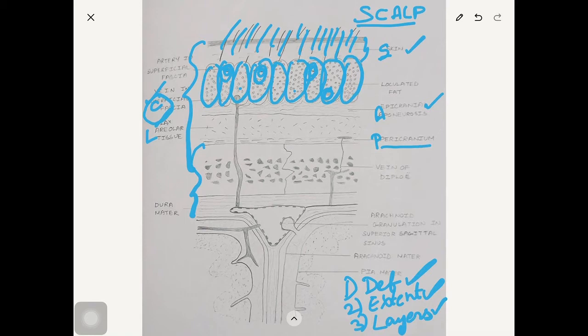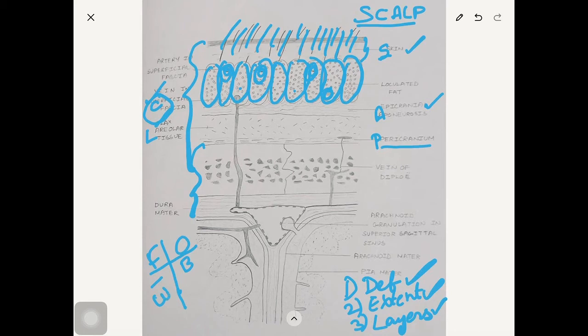The occipitofrontalis is made of two frontal bellies in front and two occipital bellies behind. If you compare these two bellies, occipital bellies have the bony origin and frontal bellies do not have the bony origin. And these frontal bellies are broader and wider.